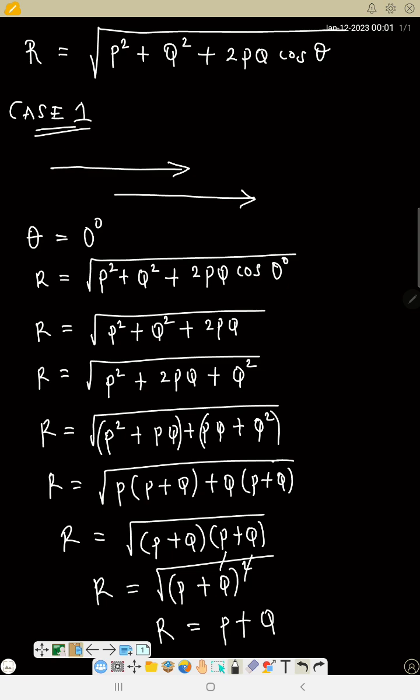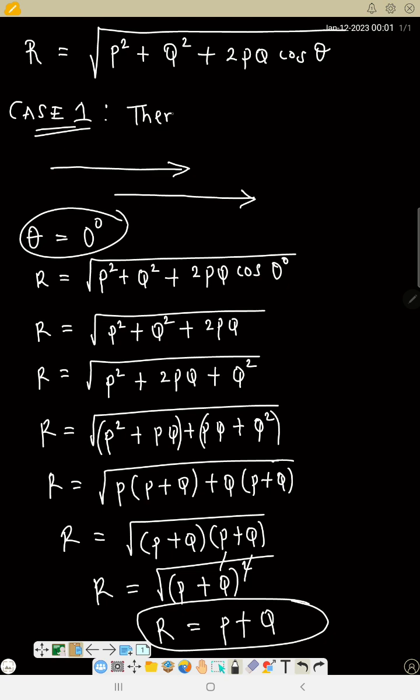That means if two vectors are parallel and act in the same direction, then theta will be 0 and the resultant will be p plus q. And take note, in this case 1, there is a maximum resultant. So if a question asks, what is the maximum, or when can a vector have a maximum resultant?